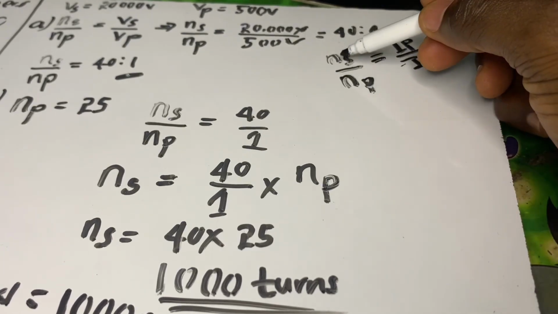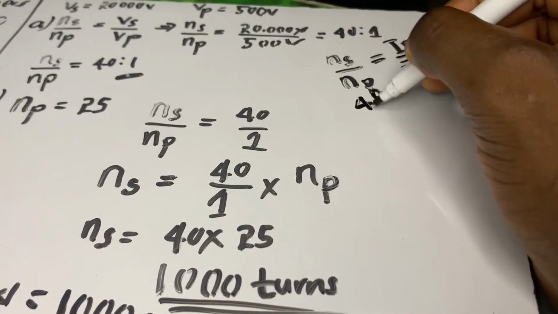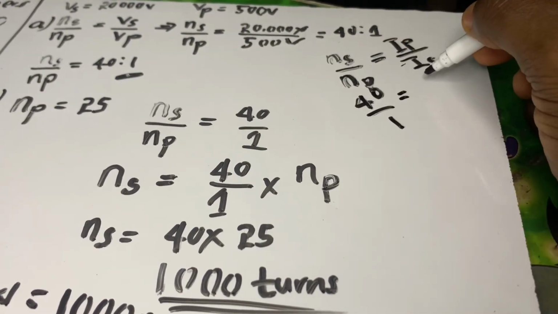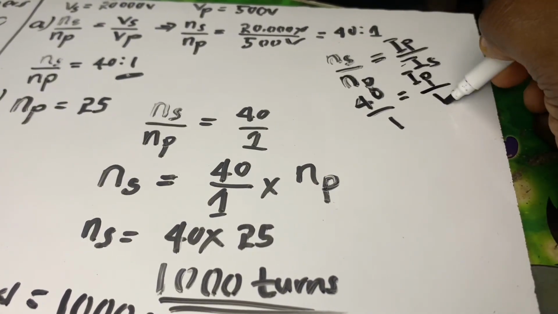But we have this ratio, NS over NP is 40:1. So 40 over 1 is equal to the current at the primary over the current at the secondary.